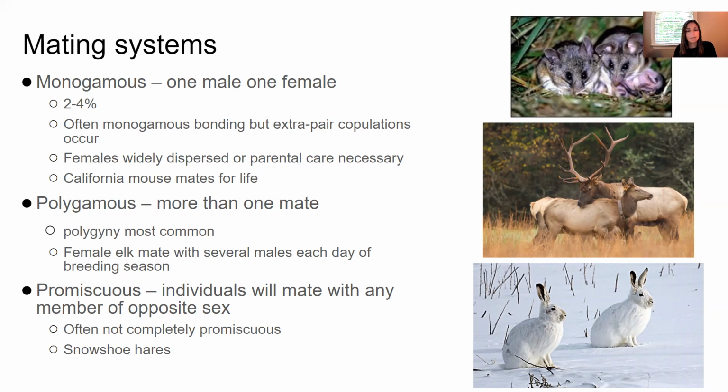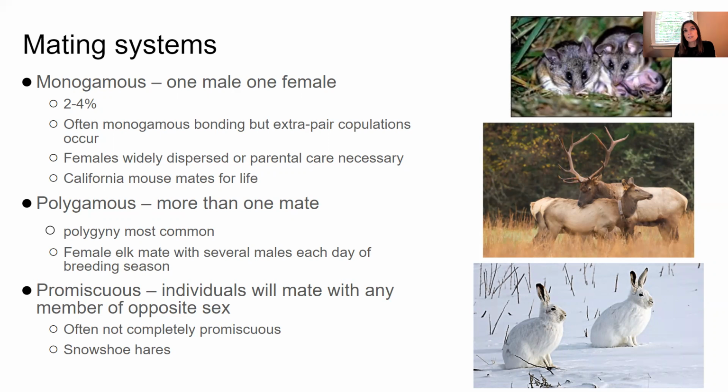And there are some mammals, and this again is not super common, but some mammals are promiscuous, where individuals will mate with any member of the opposite sex. So this would mean during breeding season, anytime they come across a member of the opposite sex, breeding occurs.